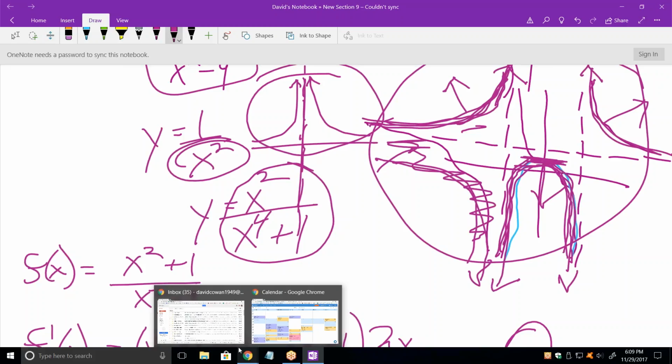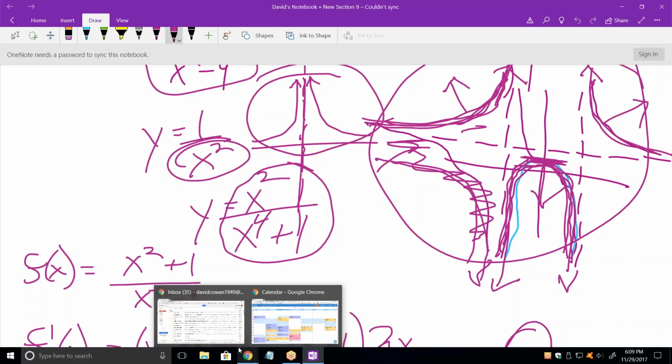In fact, the hardest problem I think I ever saw was they gave us a really complicated graph and they said come up with a function. It was brutal. It took me like 20 minutes to do it. You kind of have to work backwards: figure out where your vertical asymptotes are, figure out whether it crosses the horizontal asymptote.